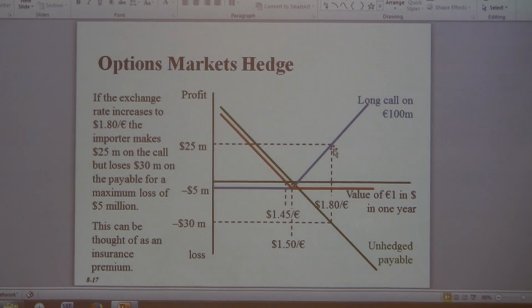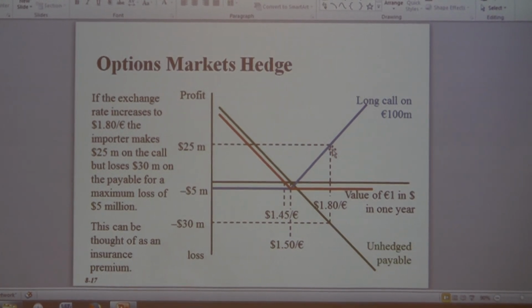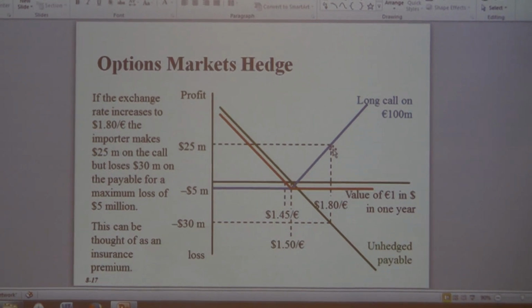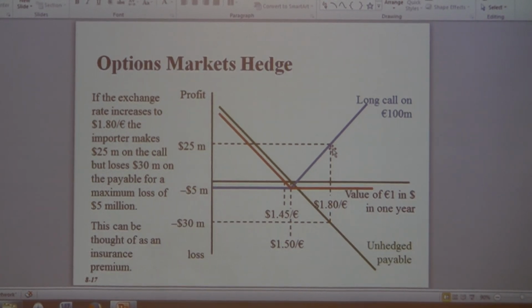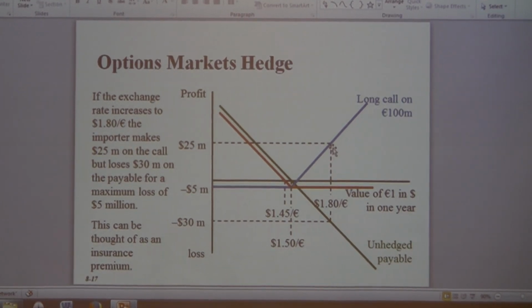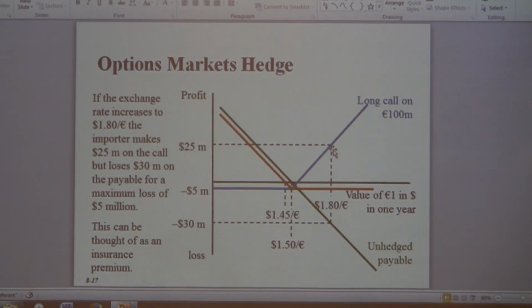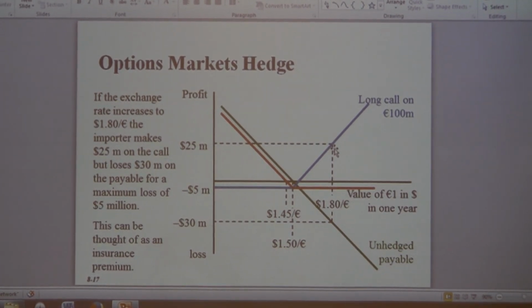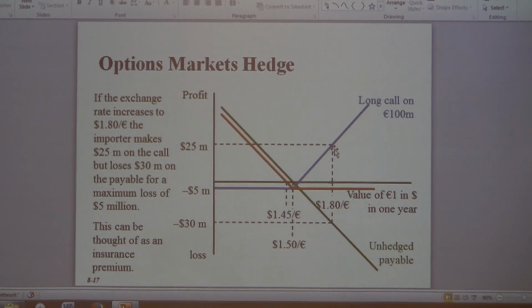Okay. Now overall, it's 100 million. So his profit is going to be 25 million. Okay? So in the options market, that is going to be 100 times 0.25. That is going to be 25 million US dollars. So overall, his cost is going to be 155 million.